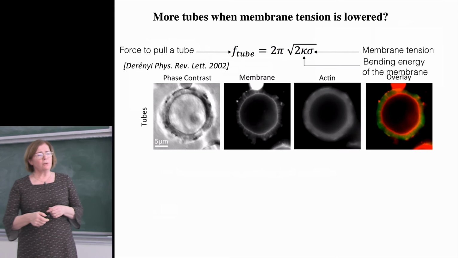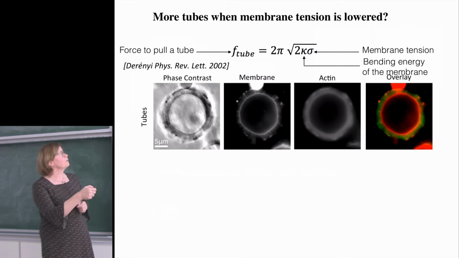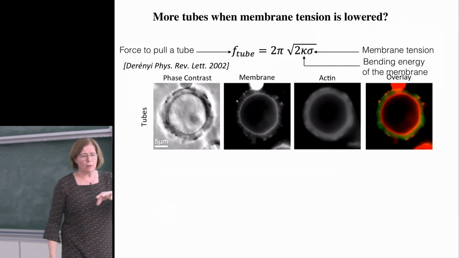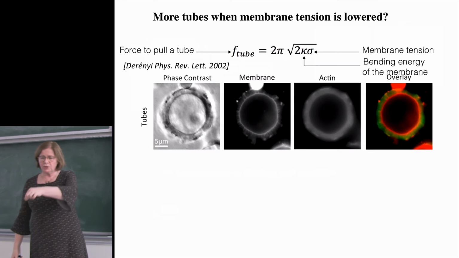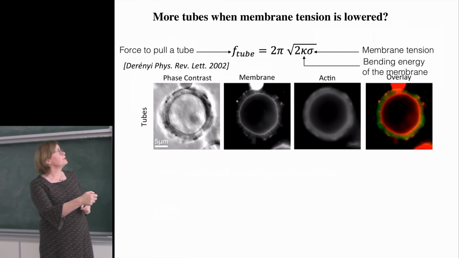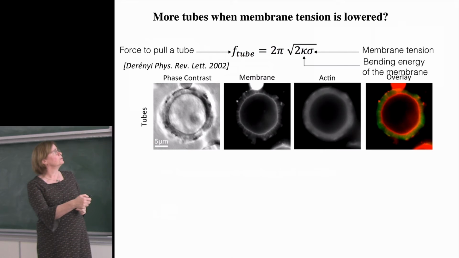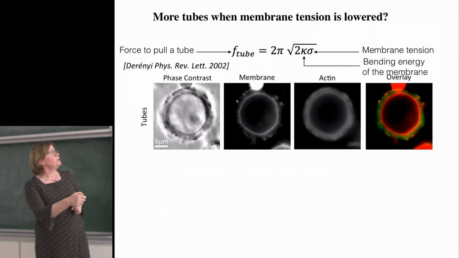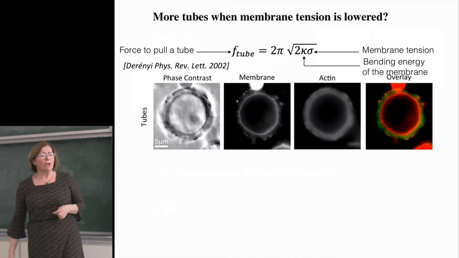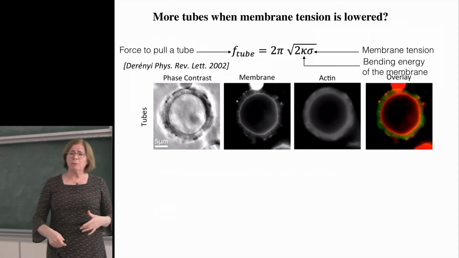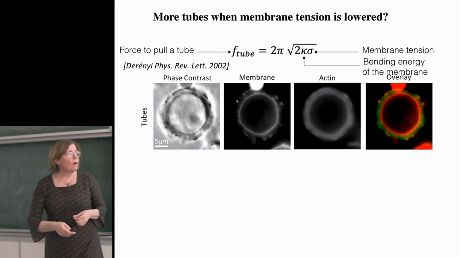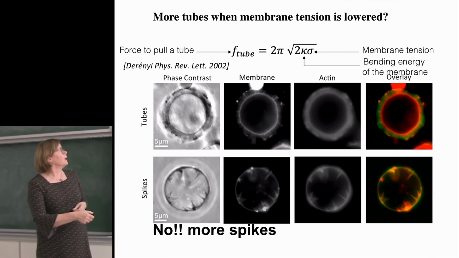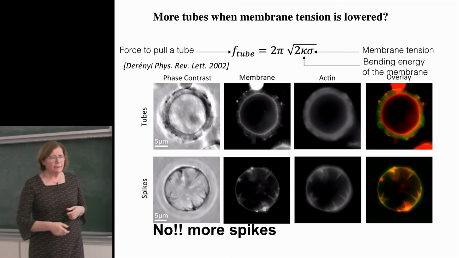Because we know from physics that the force to pull a tube is punctual, so if you want to pull a tube of membrane, you just touch it and pull it with this force that is proportional to the square root of the bending energy and the square root of the membrane tension. So we thought if we decrease the membrane tension, we will increase the capacity of tubes to be pulled. But this is not what happened.